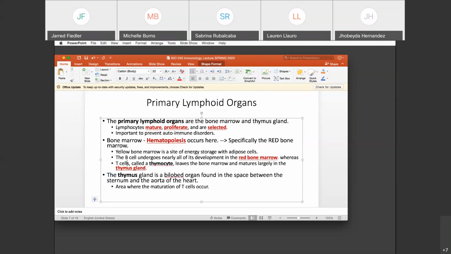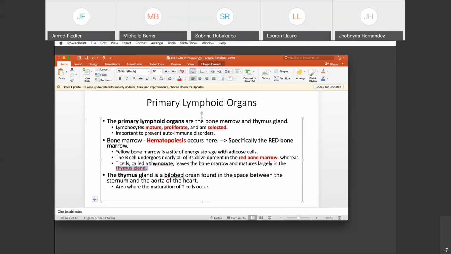There is some selection that occurs in the bone marrow for T cells too, but most of that stuff occurs in the thymus gland. So the thymus gland is really important for getting your T cells ready for action.